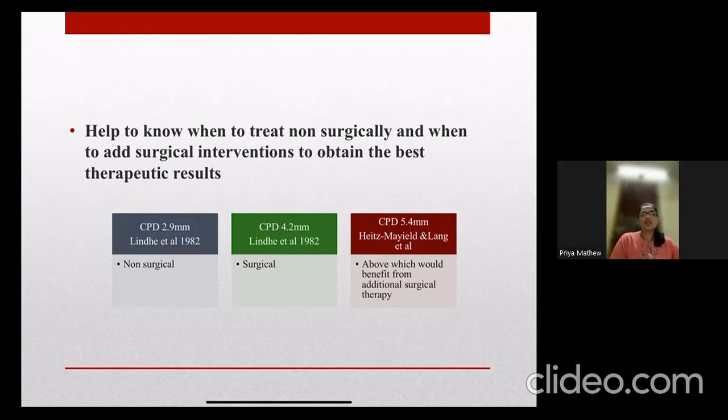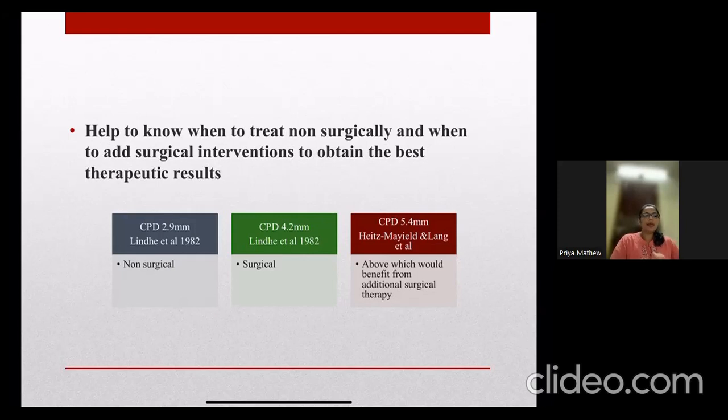Below this, there are options of non-surgical treatment and some other surgical treatment like gingivectomy. So for 5.4, if it is a true pocket, it is better to do a surgical treatment.